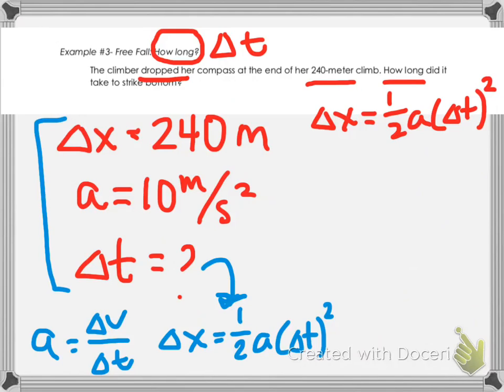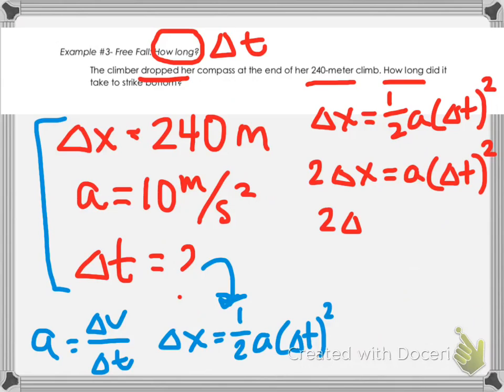So I want to get 2 on this side, so I'm going to have 2 times delta x equals a times delta t squared. I want to get delta t by itself, so I'm going to divide by a. So I have 2 times delta x over a equals delta t squared. To get rid of the squared, I'm going to take the square root.